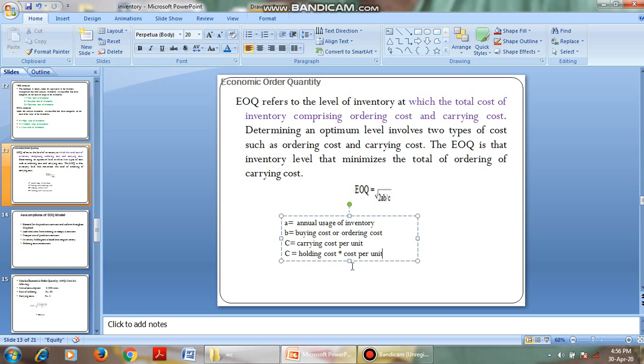We call it holding cost, the cost incurred to hold the entire product. For example, 1 lakh of raw material is held for 3 months. It requires some cost, and this 1 lakh is idle in the business. It also has to be considered.